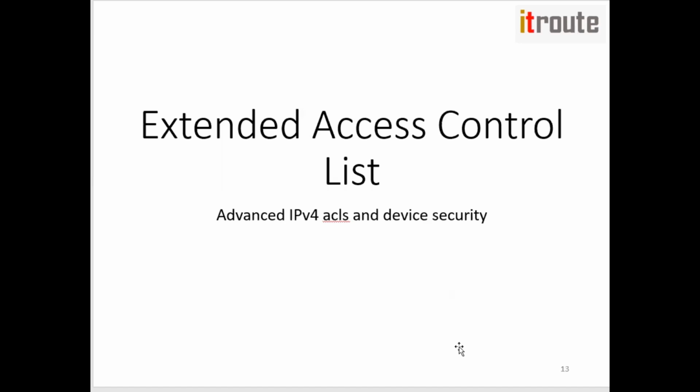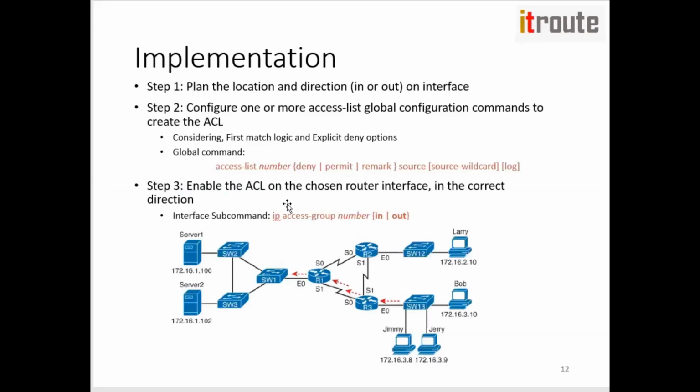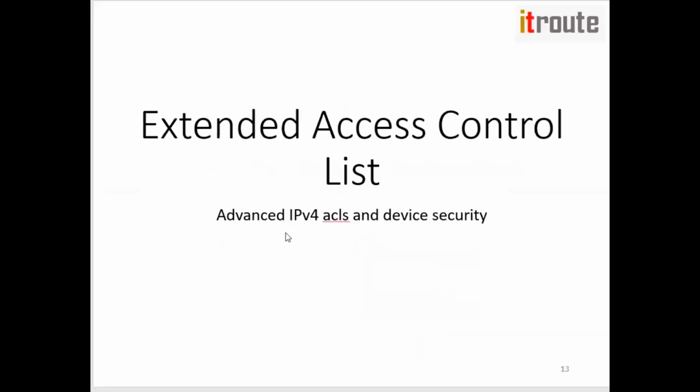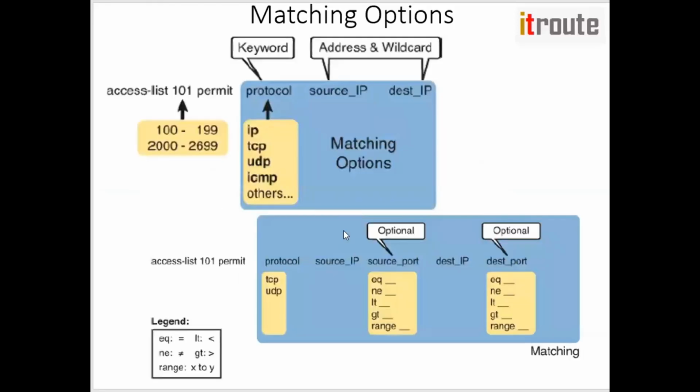Now after that, we have the extended access control list. What is the standard one we have discussed so far? The standard access control list only checks the source IP, but the extended one will check both source and destination. Here we have the matching options.